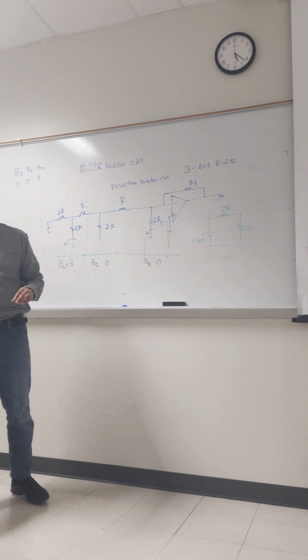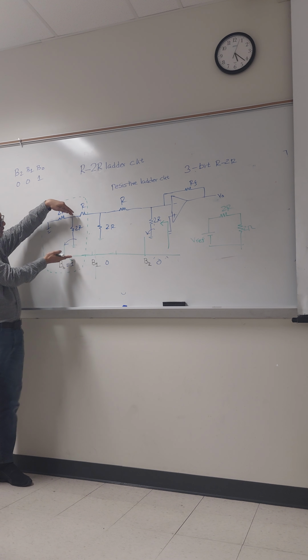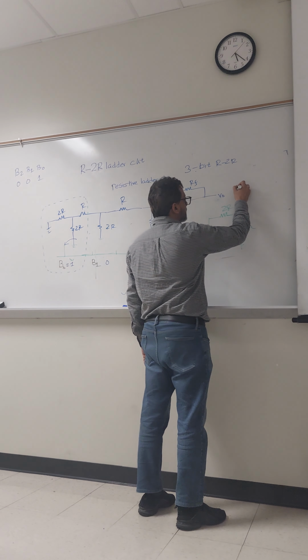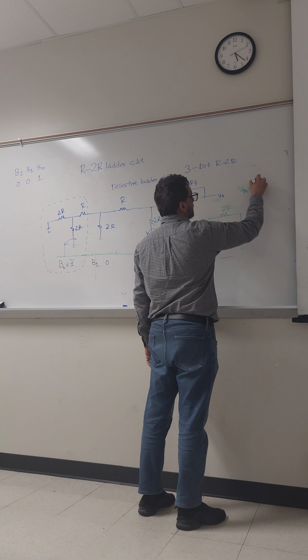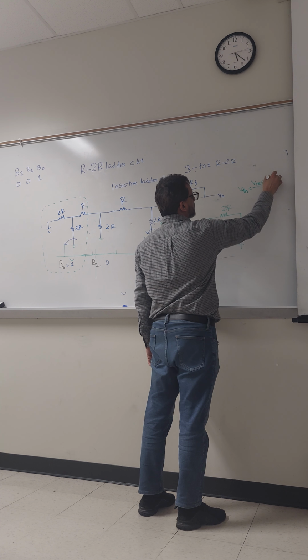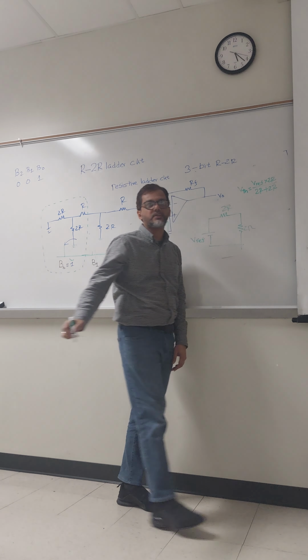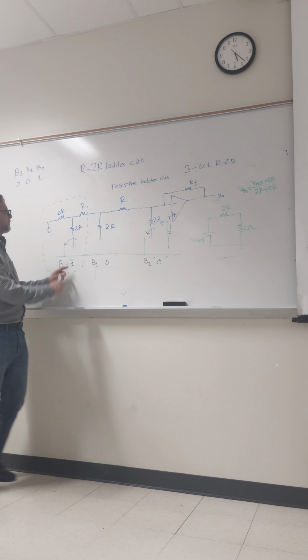What do you need to find out? You need to find the equivalent voltage across the twice R resistance. So we can write VTH as V reference into 2R divided by 2R plus 2R. Just a simple voltage divider rule.